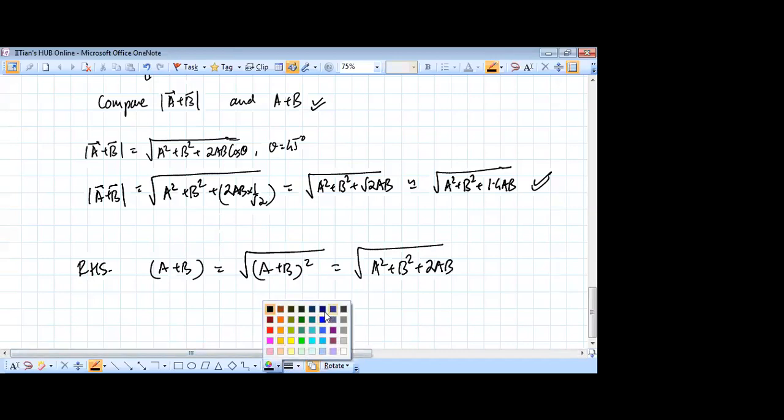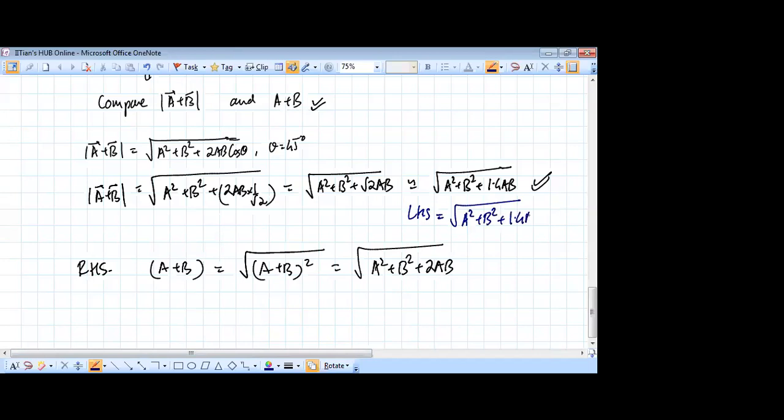Your left hand side is this quantity, root of A square plus B square plus 1.4 AB or root 2 AB. Whereas your right hand side is this quantity. It is square root of A square plus B square plus 2AB. So obviously you can see which one is larger. The right hand side is greater. So LHS is less than RHS. That becomes your answer.